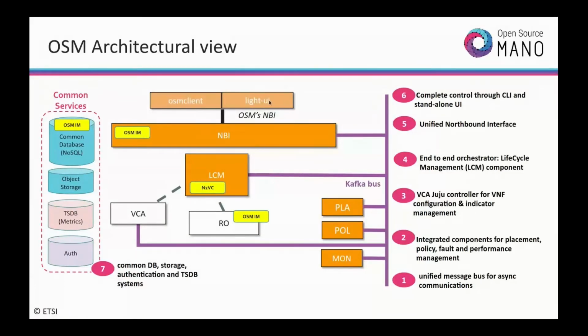We also have the light UI. Actually, I just realized this should be renamed. We call it the next generation UI now. Originally our light UI was much more JavaScript, and it was rewritten from the ground up by our good friends at Tata to be based on the Angular framework. So that is the next generation UI.